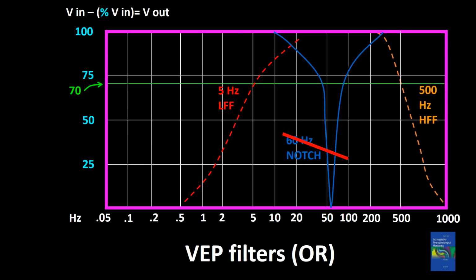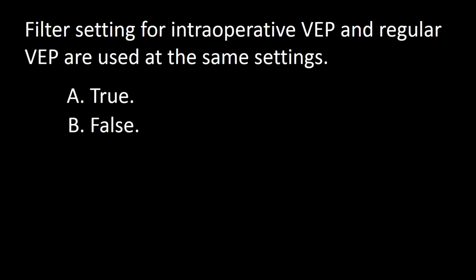OR VEPs are recorded using low frequency filters set at 5 Hz and high frequency filters set at 500 Hz. Again, notch filters are to be avoided. So the answer to this question is false.